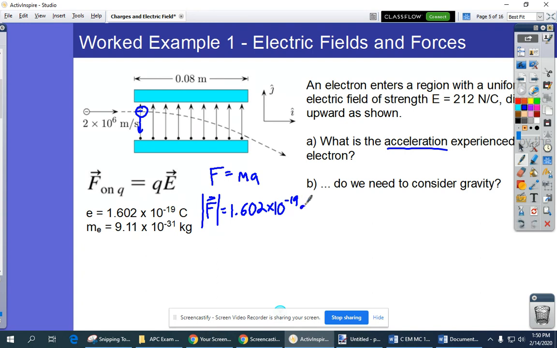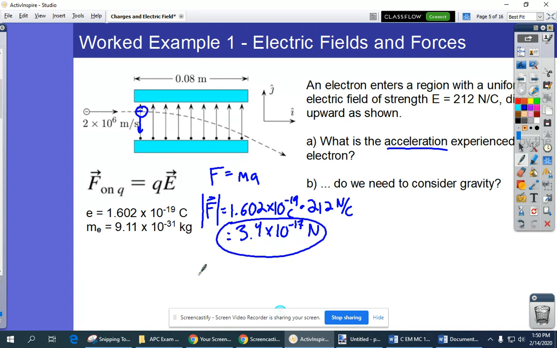So always calculate the magnitudes of forces and then use your intuition to figure out whether they're up or down. Times the electric field, 212 newtons per coulomb, for a grand total of, I'll just round off here, 3.4 times 10 to the negative 17th newtons, a very tiny force.